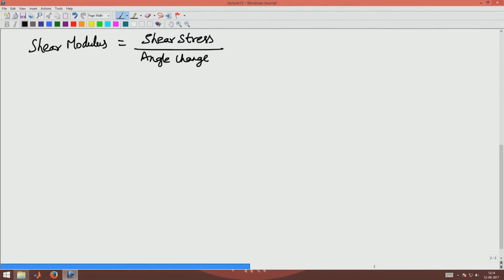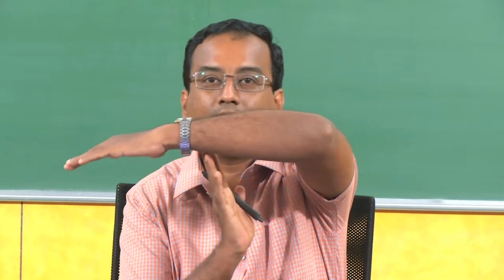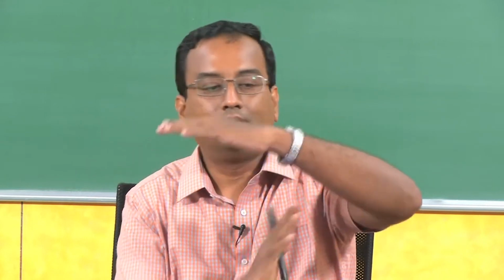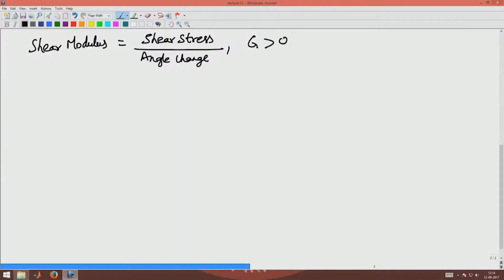So a shear stress acting like this on a body should produce angle change in the direction of the stress, right. A shear stress acting like this should produce an angle change in the direction of the stress that is acting. So G has to be positive for the same reasons that displacement has to be in the direction of the applied force.